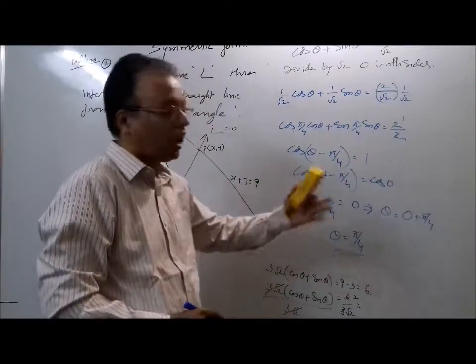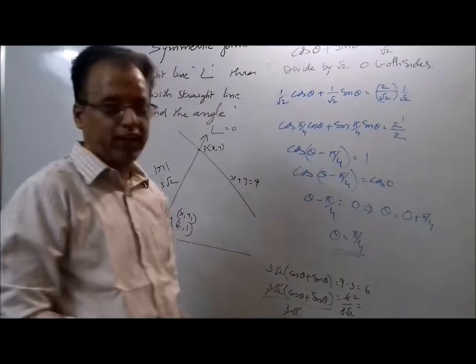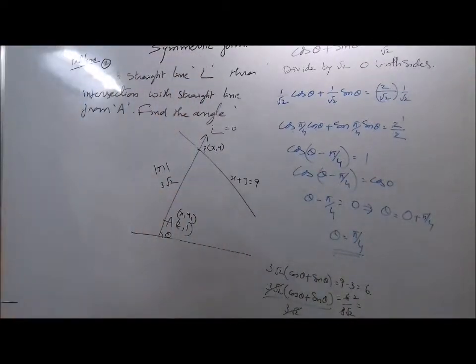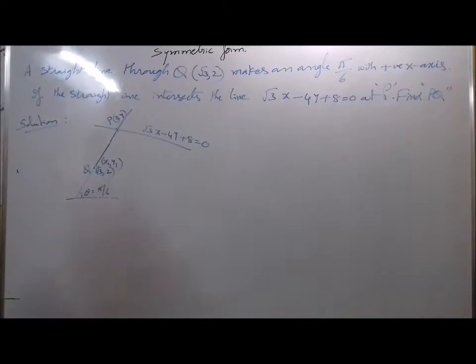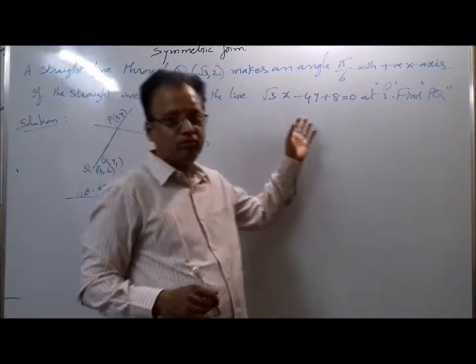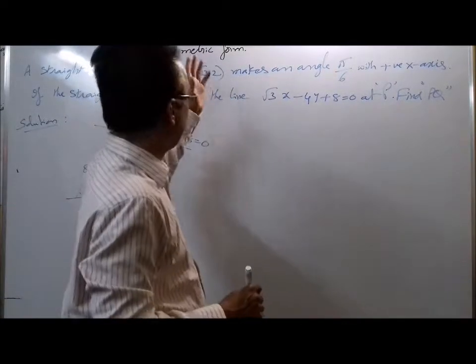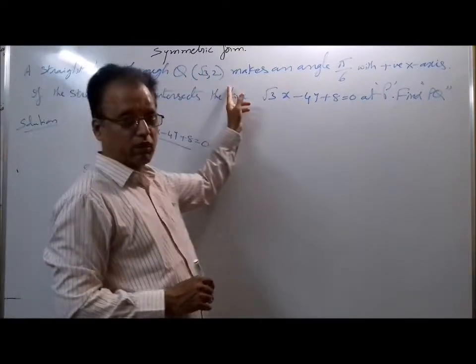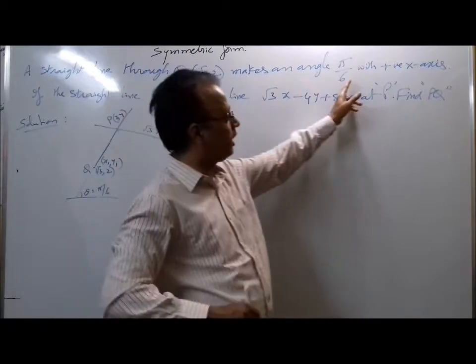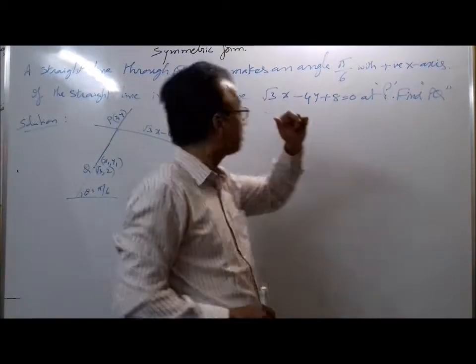Let us continue with the third model. See, the third problem on the symmetric form: a straight line through Q, root 3 comma 2, makes an angle pi by 6 with the positive x-axis.